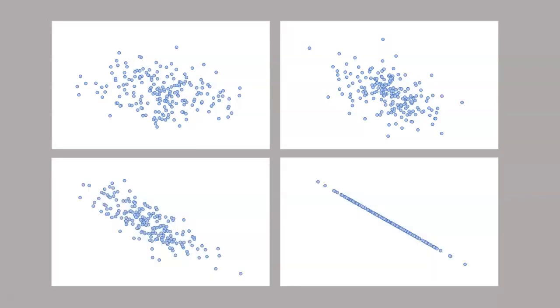So you might guess that the correlation coefficient ranges from something close to 0 up to 1, and you'd be right, except that they all have a negative sign attached to indicate that they are negative correlations where the general trend is downwards. Thus, the correlation coefficient in the top left case turns out to be negative 0.2. In the top right, we have r is negative 0.5. In the bottom left, it's negative 0.8. And in the bottom right, it is negative 1.